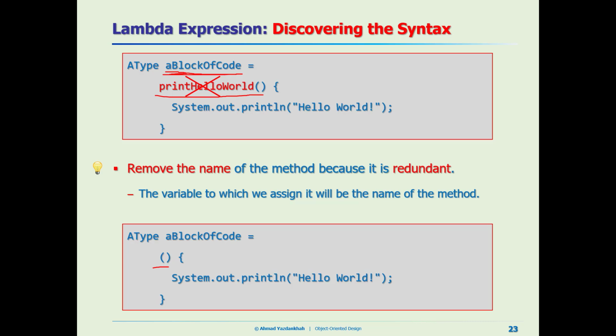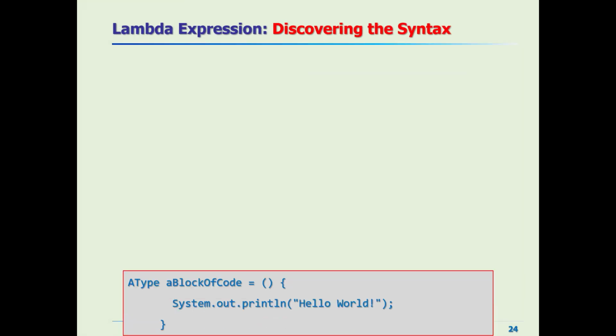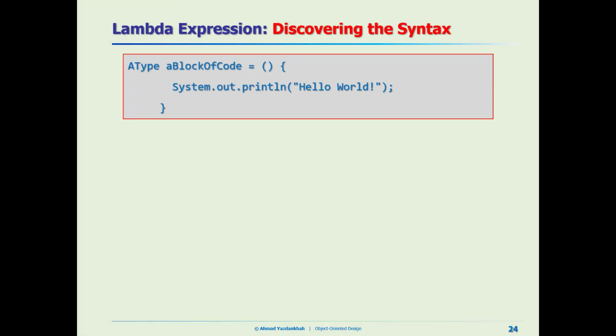What else can we do? We are still discovering the syntax, right? Between these parentheses and this curly brace, we need to use this symbol, which is a dash and a greater than.